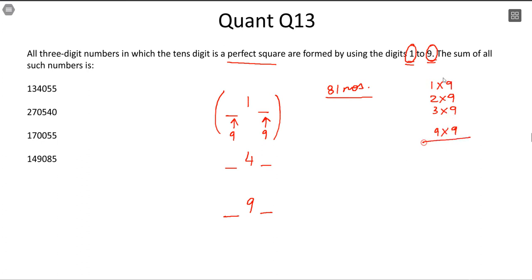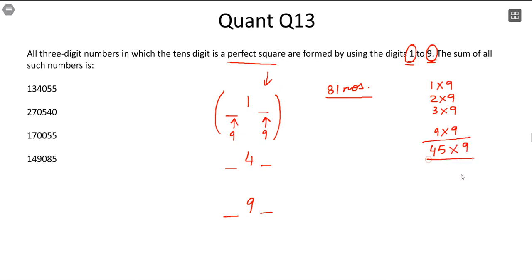Altogether, the contribution to the sum of all the numbers coming in the units place would be 45 into 9.